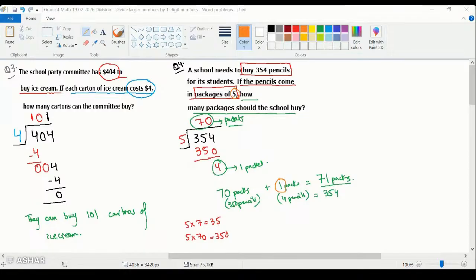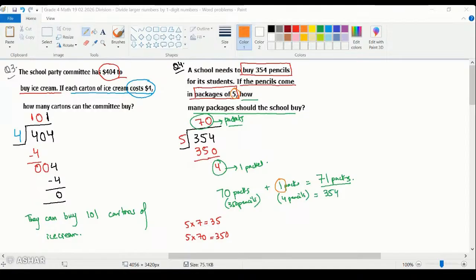Okay, let's see. The school has $405 to spend on markers.